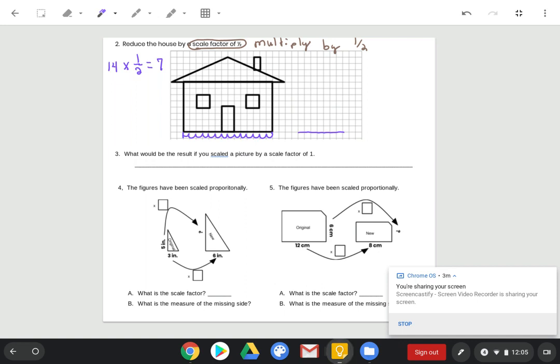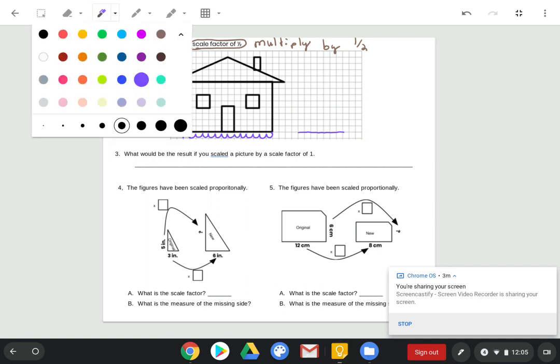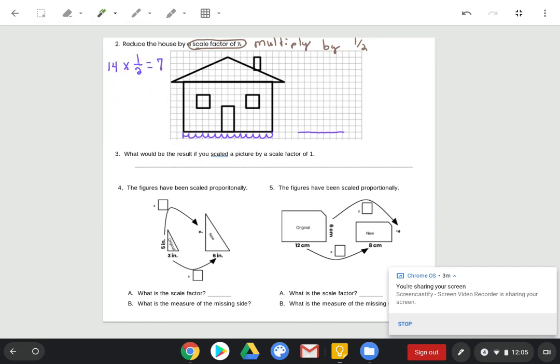All right, so let's look at another side of our house. I'm going to look at this side right here and count how many units long it is. This side is 1, 2, 3, 4, 5, 6, 7, 8 units long. So the left-hand side is 8 units long.